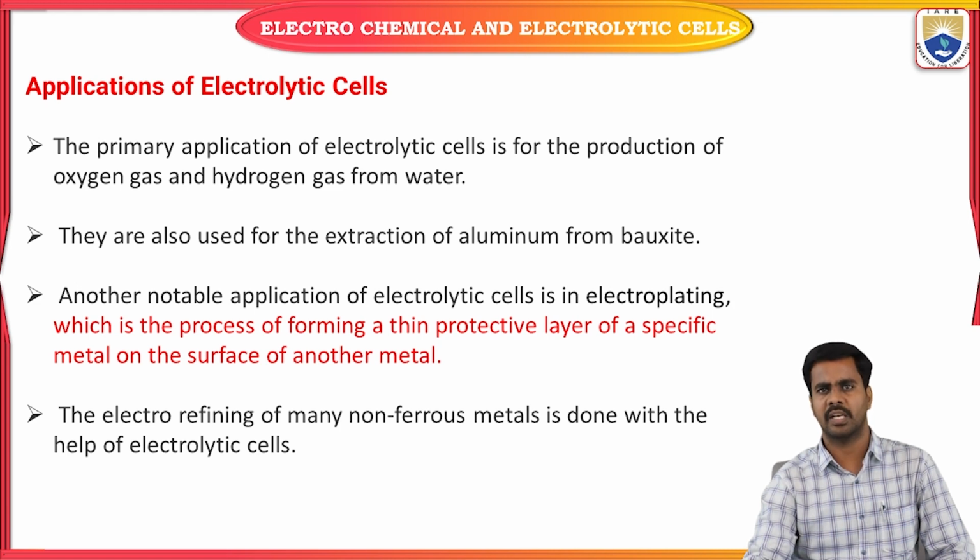Electroplating is an important application of corrosion prevention methods, and it also depends on the electrolysis reaction. The next application is electrorefining of many non-ferrous metals, which is done with the help of electrolytic cells.